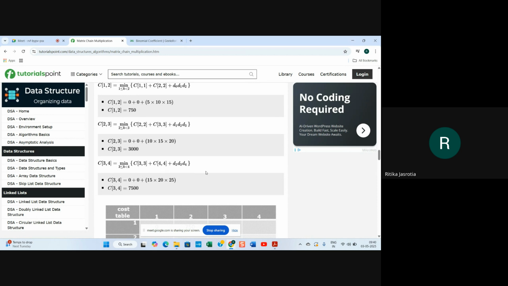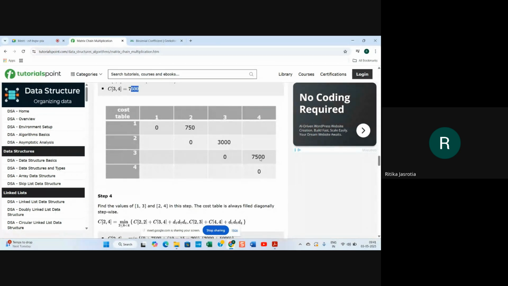Plus d(i minus 1), 3 minus 1 is 2, then dk which is 3, and dj which is 4. So D2, D3, D4 are 15 into 20 into 25, and C33 and C44 are 0. So this is calculated as 7500, and it is kept here at 3 4.